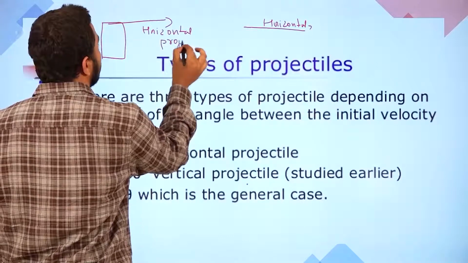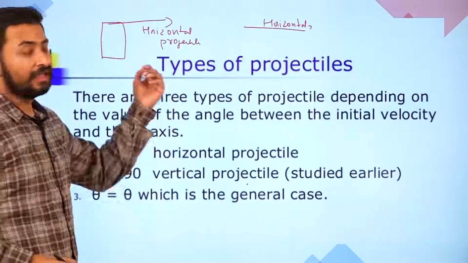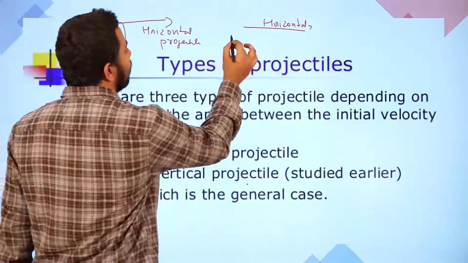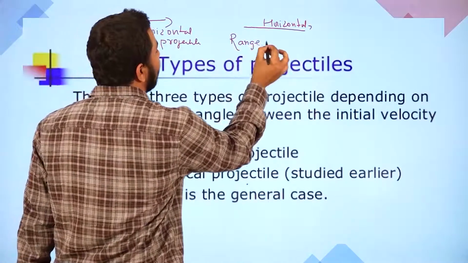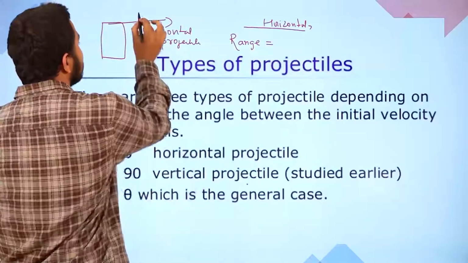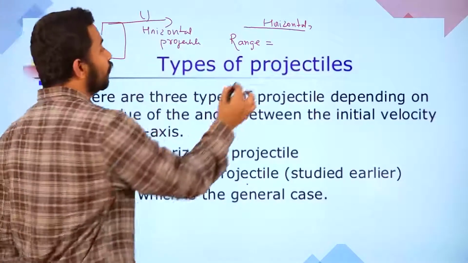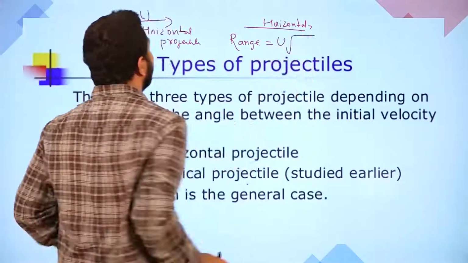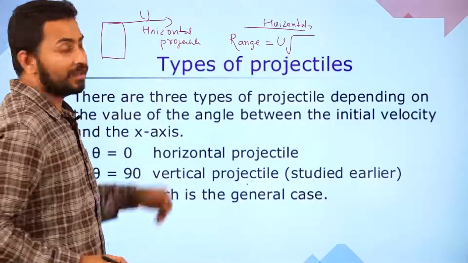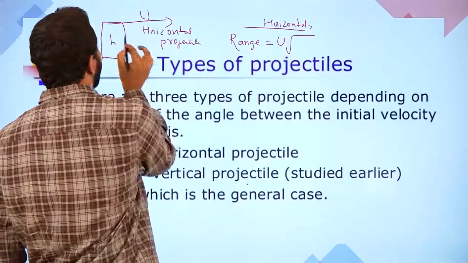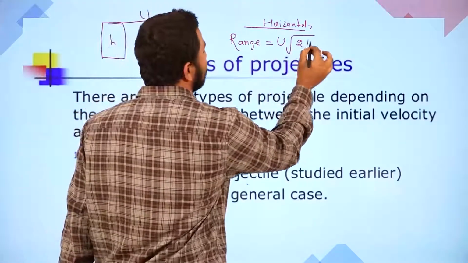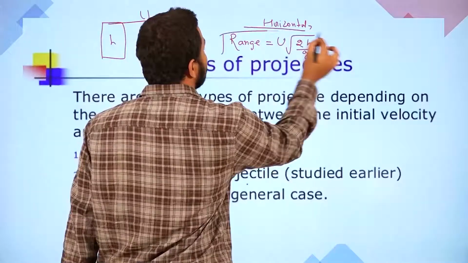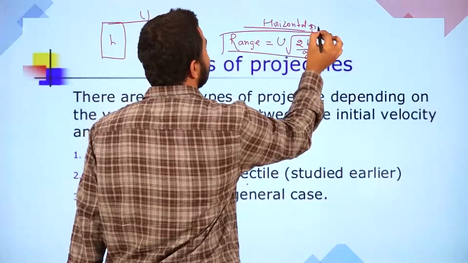In horizontal projectile, the range can be written as my initial velocity u multiplied by the square root of the time. If this is the height h, the time is nothing but 2h by g. So this will be my range for the horizontal projectile, right?